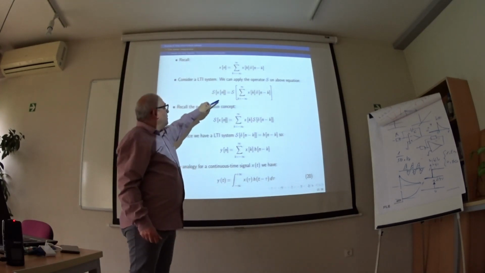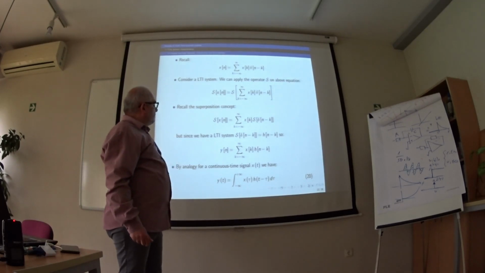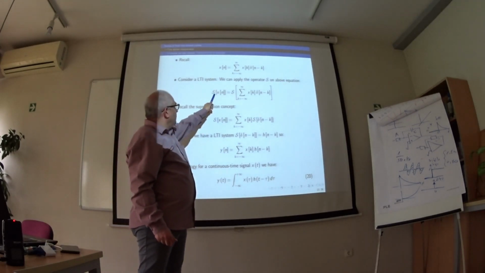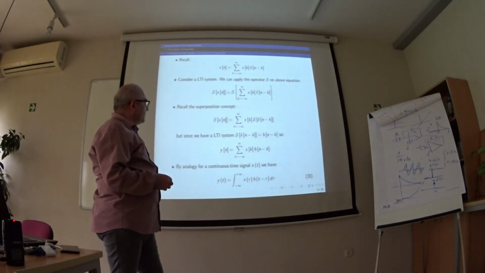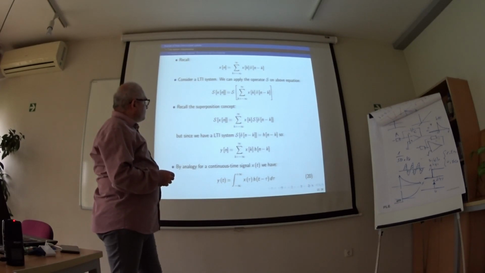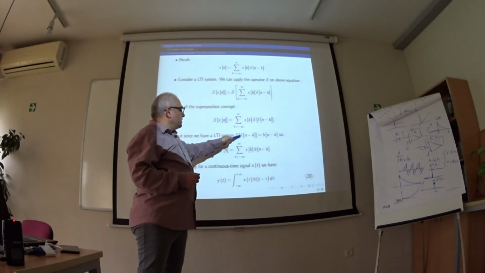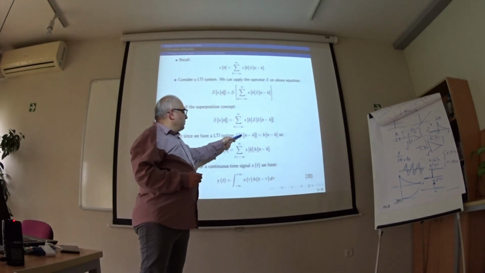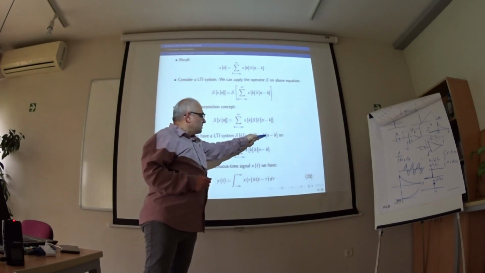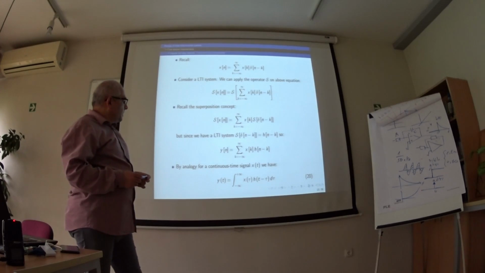If we apply this operator here, we will get the output signal. But here, the principle of superposition is valid. So, the system output, when the input is Dirac delta, is the impulse response. When the Dirac delta is shifted in the input, the impulse response is also shifted, because we have time invariance.